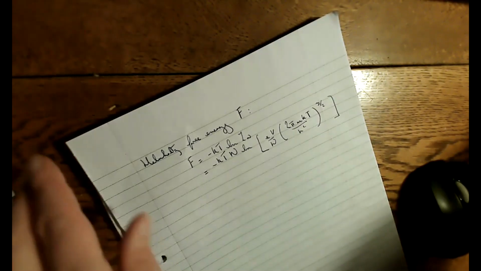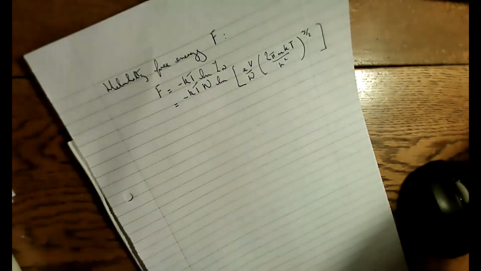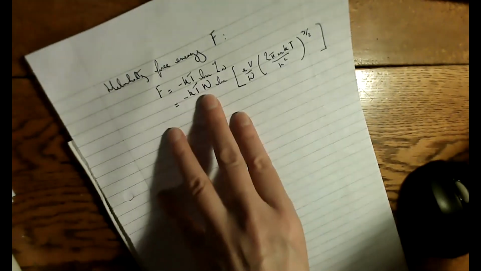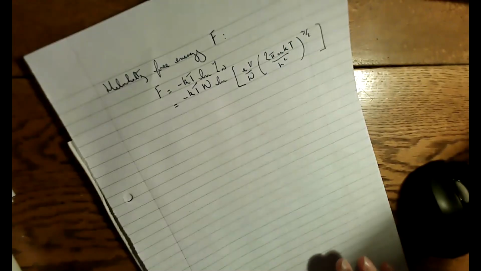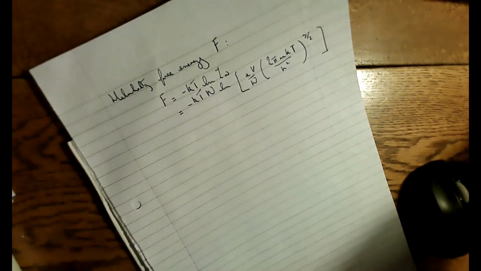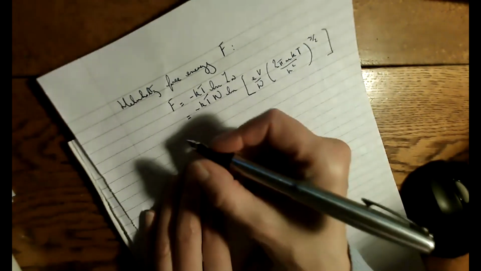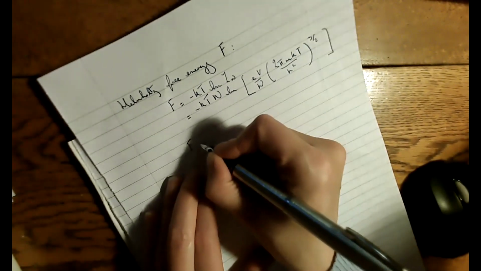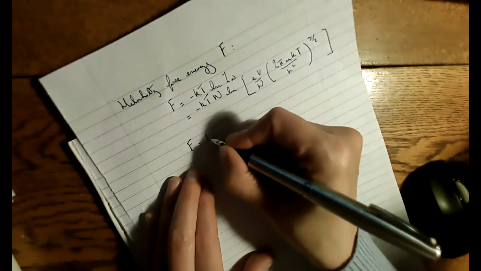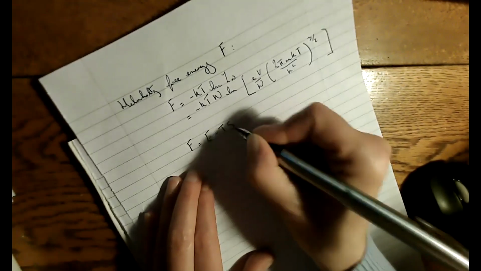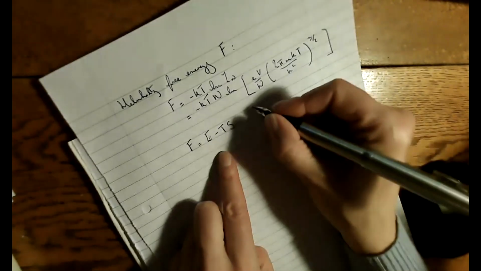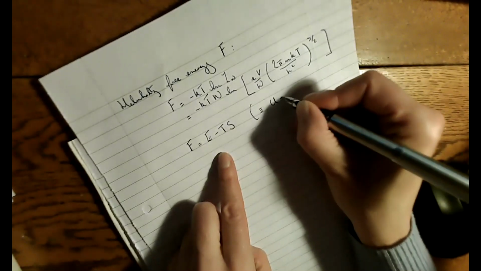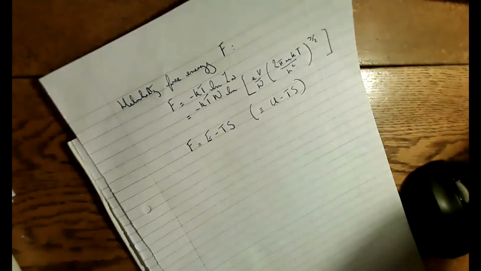Okay, so now from our statistical mechanics, we're going to just swap back to our thermodynamics for a moment. So what we're going to do is write down the thermodynamic definition of the free energy, E minus TS, which is entirely equivalent to U minus TS, so don't let that confuse you.